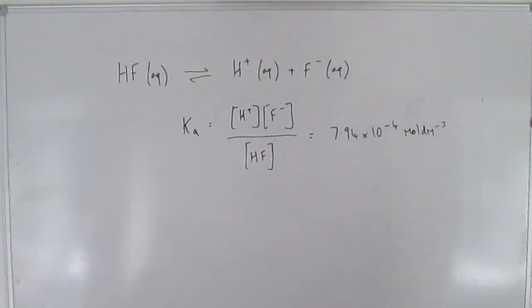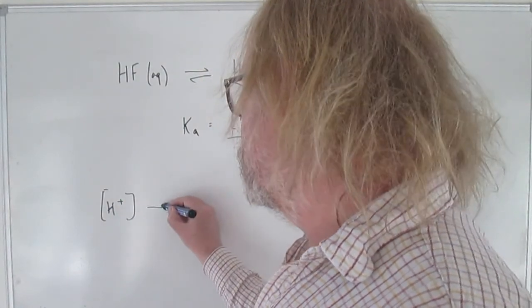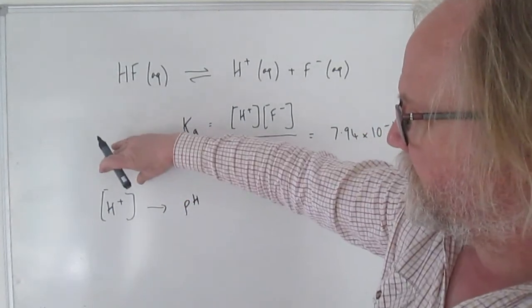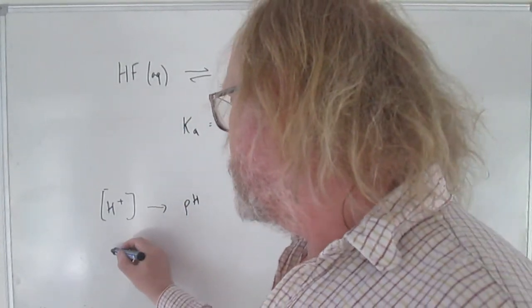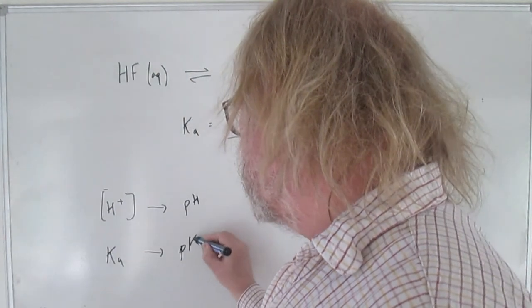So just like we converted H+ concentration into pH by taking minus the log of it in order to go from a huge range to a limited range, we can do the same thing with Ka and turn it into pKa.